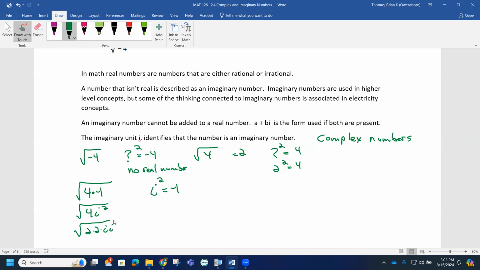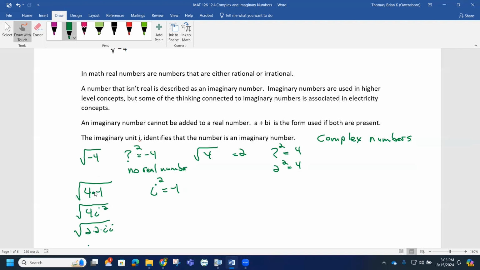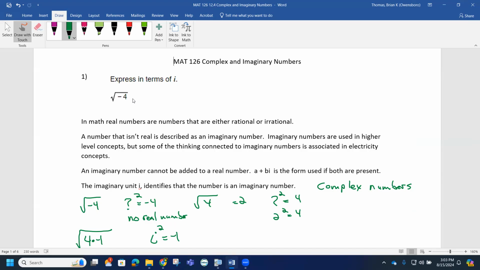So that means that you can bring out a 2 and an i, and since there's nothing left inside the radical, that turns into 2i. So what this boils down to is this: if there is a negative inside a square root radical, that means it represents an imaginary number. All you really have to do is take the square root of 4 and stick on the i and say that's 2i. That's going to represent an imaginary number.